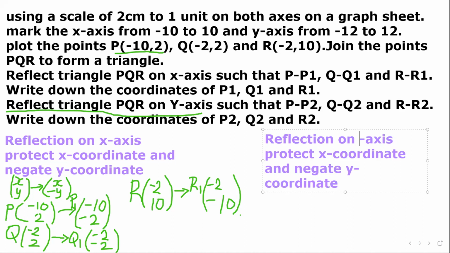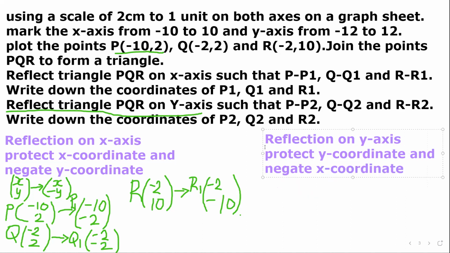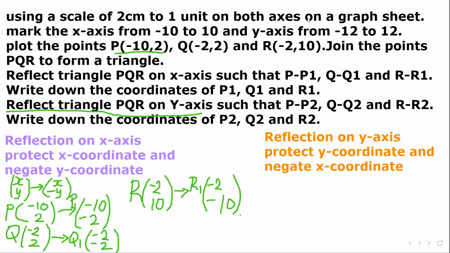The reflection on the y-axis means you are going to protect all the y coordinates and negate the x coordinates. Okay, good. Now, the reflection on the y-axis is directly opposite to the reflection on the x-axis.